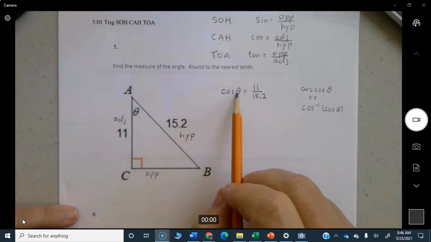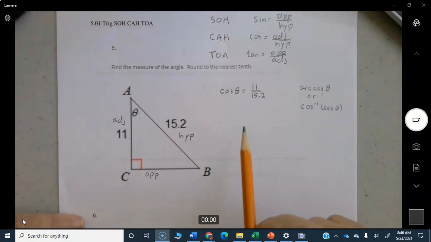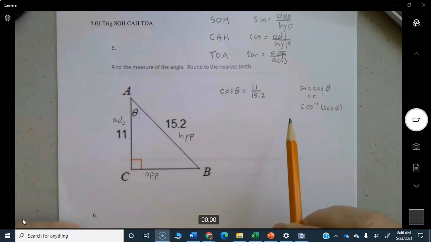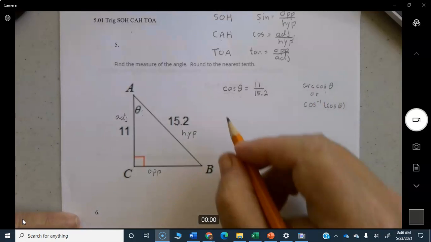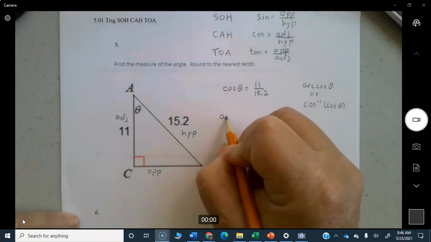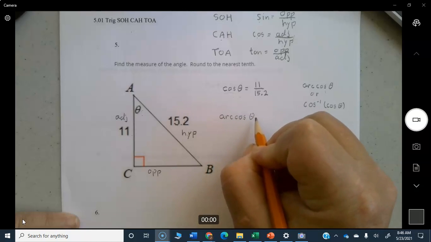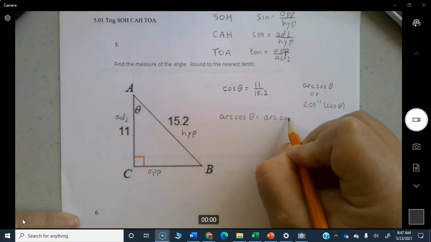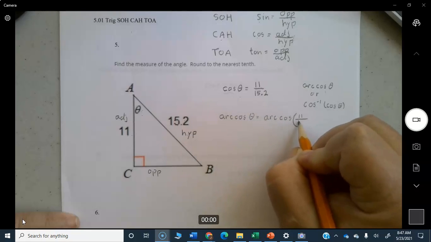So if we want to get the theta outside of this cosine here, we have to inverse it so that it comes out. Okay, so this time we'll use the arc cosine. I usually use this one. And the online calculator we're going to use uses this one as well. But let's go ahead and use arc just this first time. Okay, so it's going to be arc cosine of theta equals arc cosine of 11 divided by 15.2.